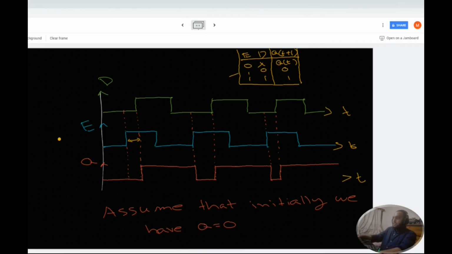and when our clock signal is 1, we will get the output whatever D is. So from this position to this position, we have our D as 0, so we will get 0 in the output. From this position to this position, our clock signal is 1 and our D is also 1, so we will get the output as 1, because when our clock signal is 1, we will get the output whatever D is.